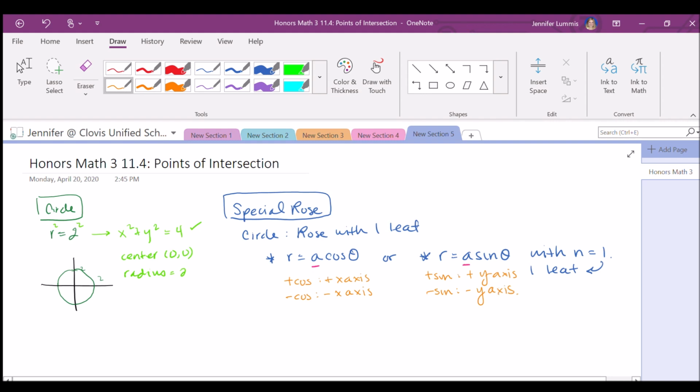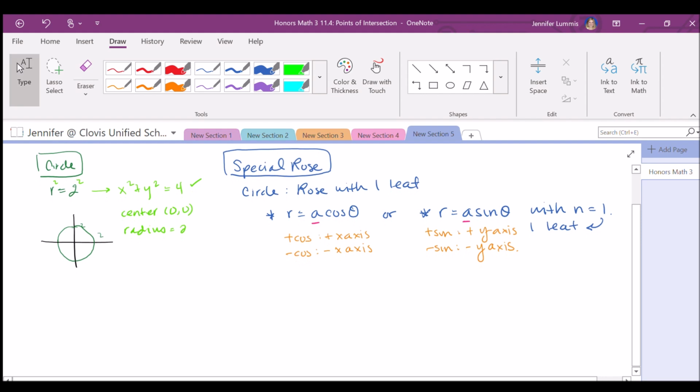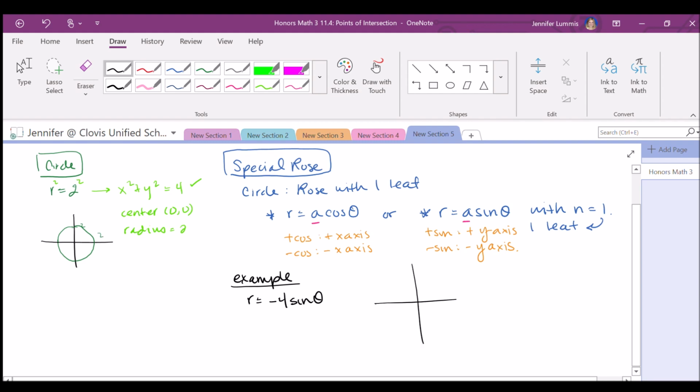All right, so let's do an example here of a special rose. So on our grid, we're going to have a point at the pole.